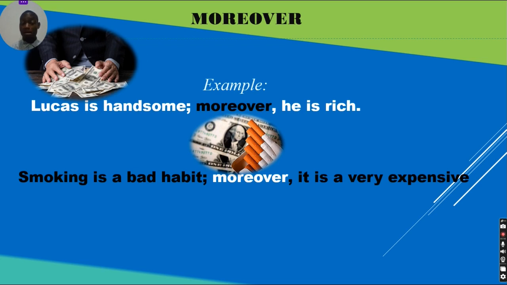Fumar é um péssimo hábito. Além disso, it's very, very expensive. Expensive significa caro, ok? Algo caro, que não está barato, caro, ok? It's very expensive, ok? That's it.